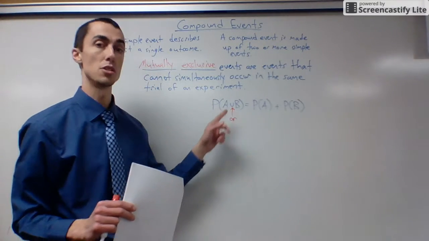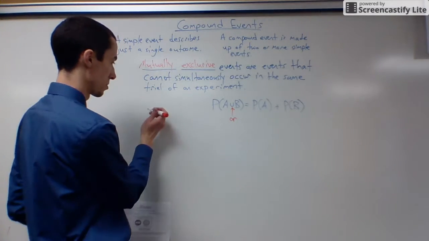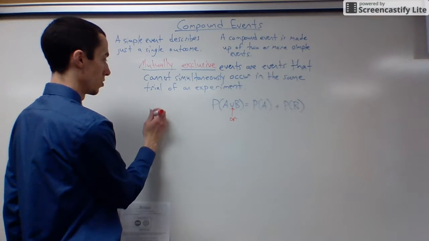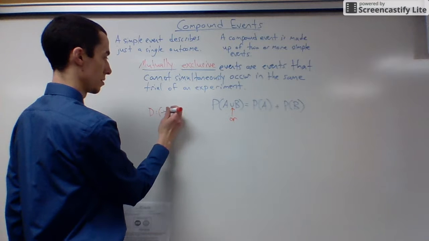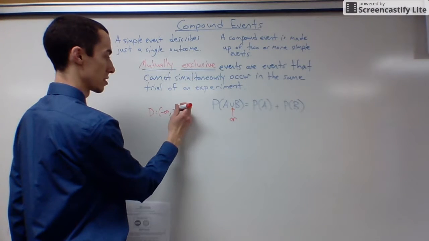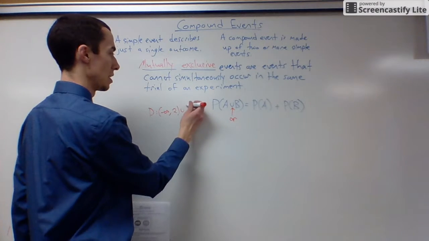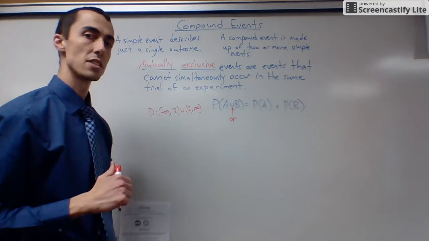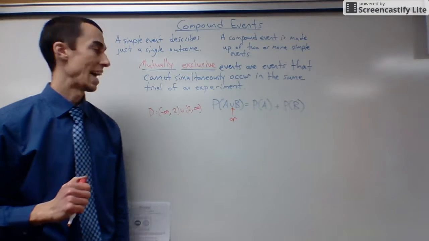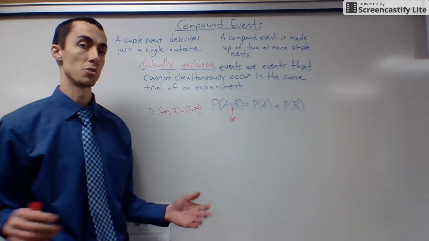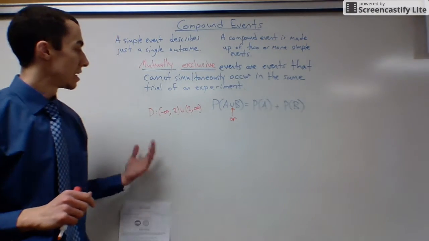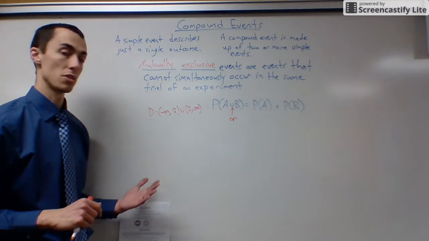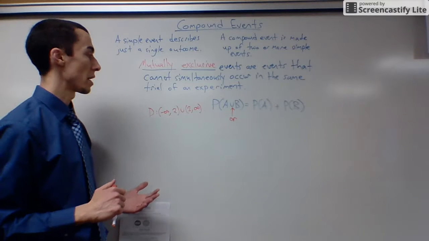Now this symbol, this U symbol, is going to be familiar to you because earlier this year when we were studying interval notation, we used it. For instance, let's say that we had a function which had a vertical asymptote at x equals 2, and it was defined on all the rest of the real numbers. In that situation, we would use this symbolism to describe the interval of the domain.